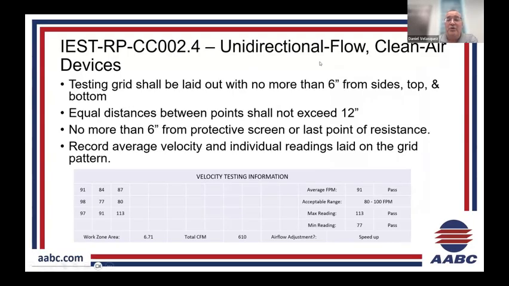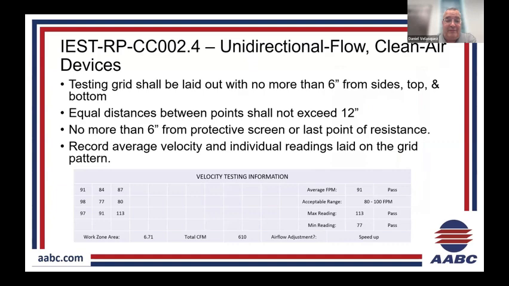So when you do unidirectional airflow device testing, they have their criteria as well for testing it, similar to a duct traverse, whether it's equal area or the log T method. They want to see a testing grid with the spaces no more than 6 inches from the sides, top, or bottom, and distances no more than 12 inches.